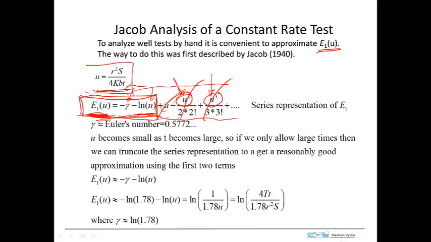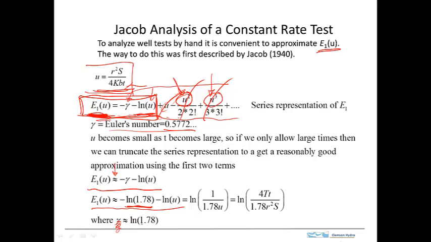So what we'll do is say, okay, we're going to forget about that early time, and we're going to analyze the late time in the pumping test, and then the exponential integral can be approximated like that. So it's approximately equal, but we think that it'll be close enough so that we'll be able to get a good analysis. Now I'm going to write that as log of 1.78, because this gamma is just a constant, given up here, 0.577.